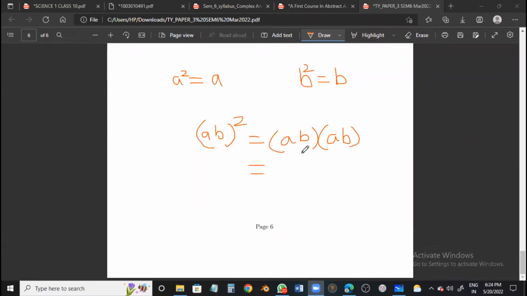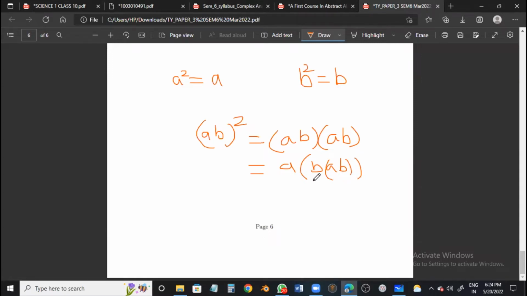You can check that multiplication is already associative in a ring, and they have given us that it is commutative also. So I can go like this: AB, AB.